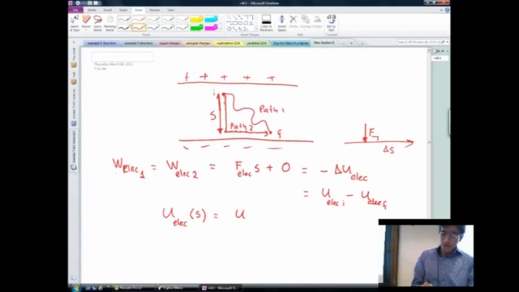If I choose the final location to be on the negative plate, then I'm going to put a little minus to indicate that it is at the negative plate, and you see that you have to add the term that is the electric force times S. So this is U minus plus QES.